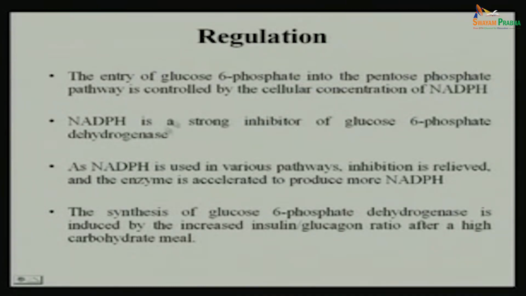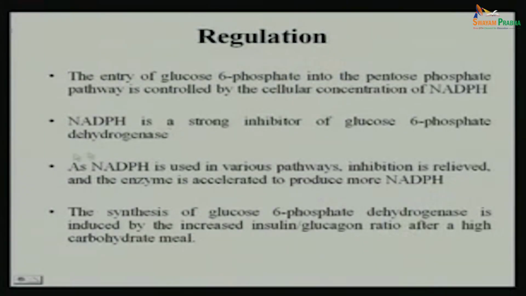That means, in this way the reaction is being controlled by this NADPH and glucose 6-phosphate dehydrogenase. As NADPH is used in various pathways, inhibition is relieved and the enzyme is accelerated to produce more and more NADPH.